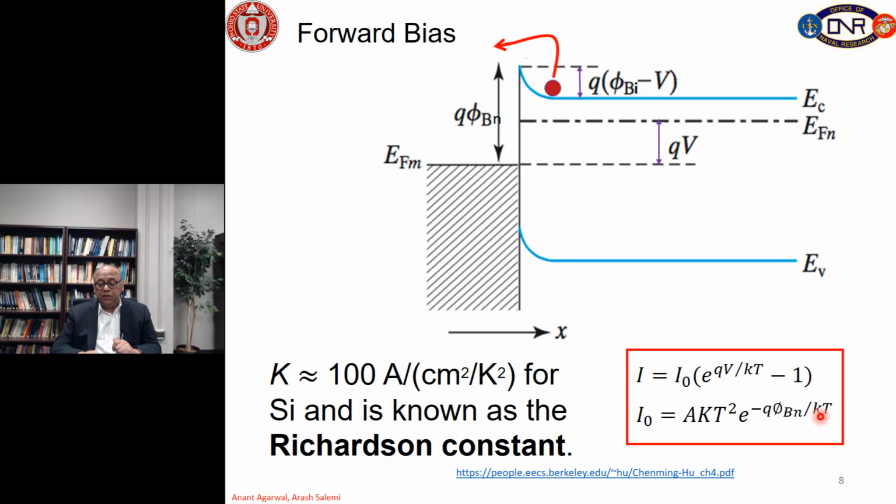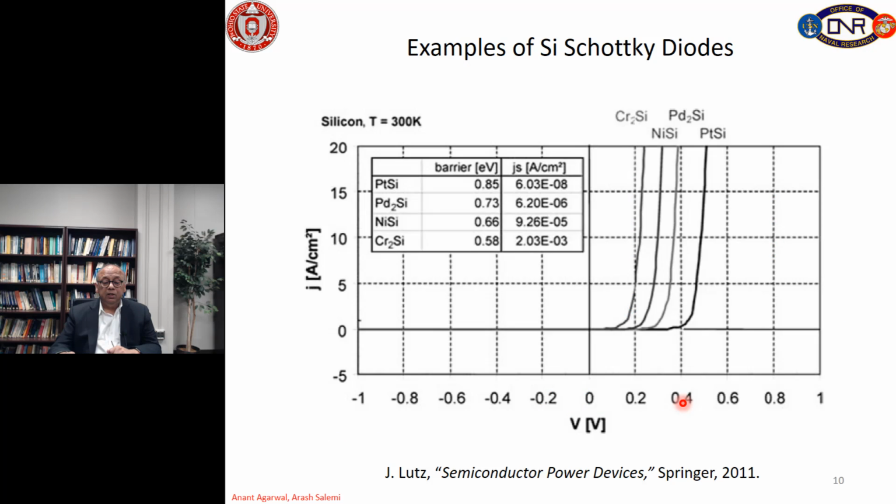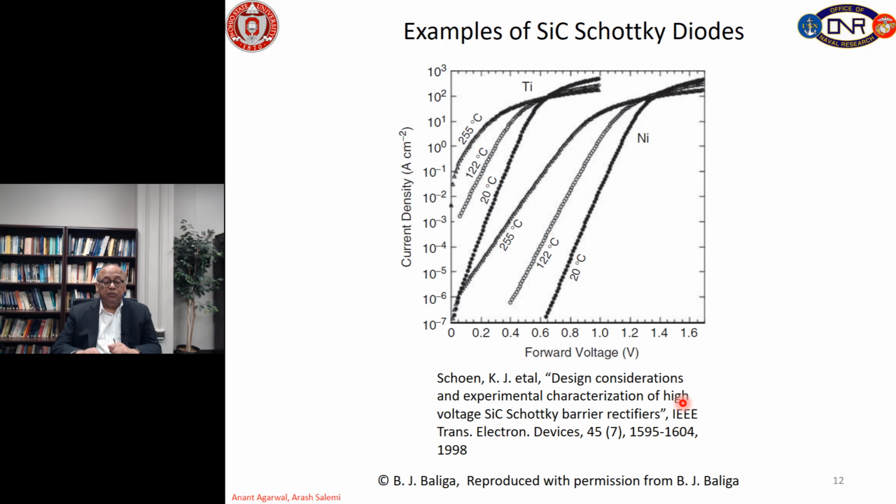As we increase this temperature, this term reduces and this term increases, the prefactor increases, so the I0 increases rapidly with temperature, which then shows you how the forward current will increase because I0 is increasing. And also that means as we increase the temperature, the reverse leakage current, which is I0, will also increase.